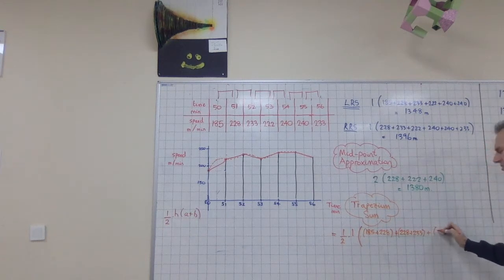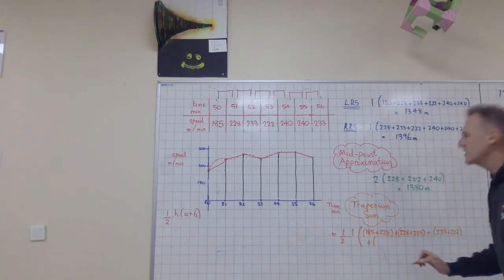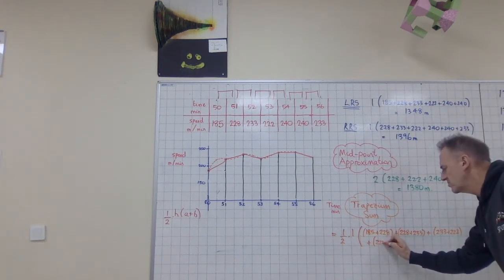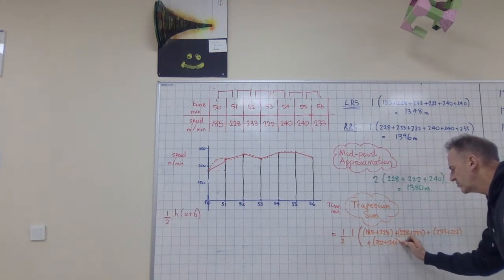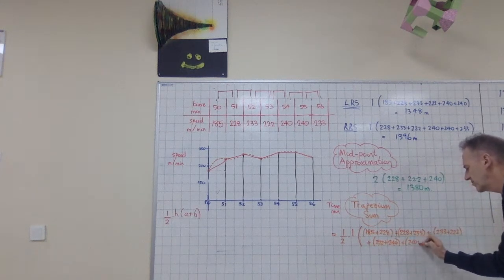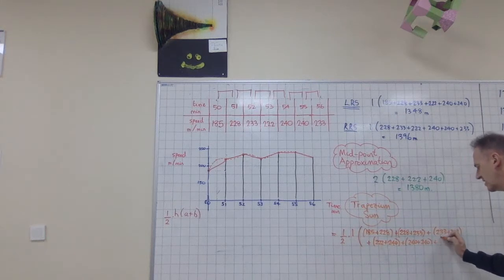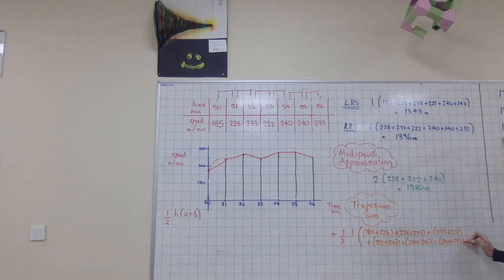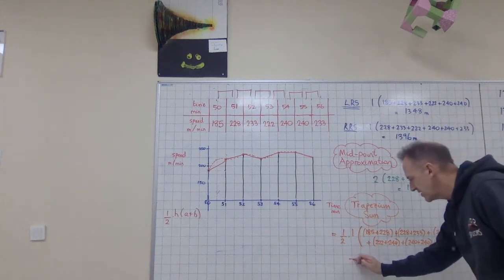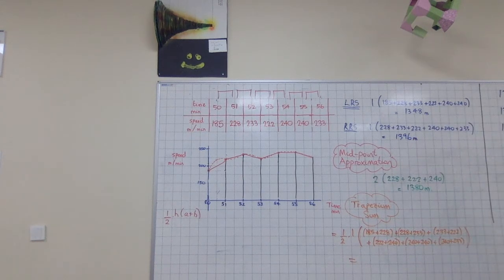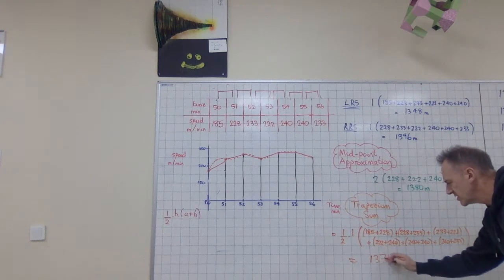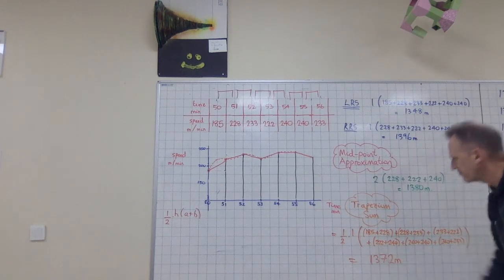The next one is 233 plus 222. The next one is 222 plus 240. The next one is 240 plus 240. And the last one is 240 plus 233. And when you work all this out, the answer that you get, I'll tell you for free, is 1,372 meters.